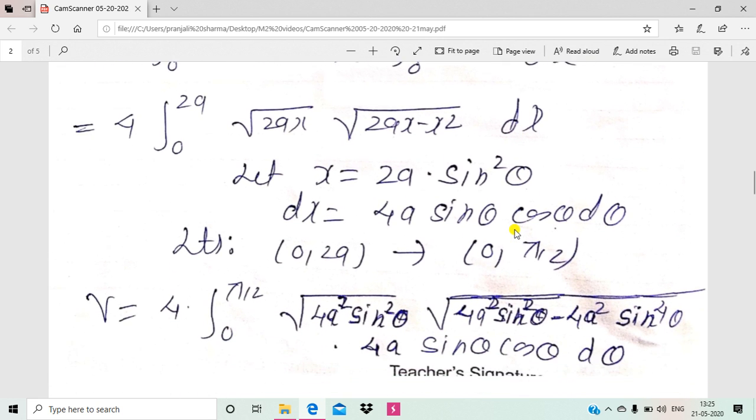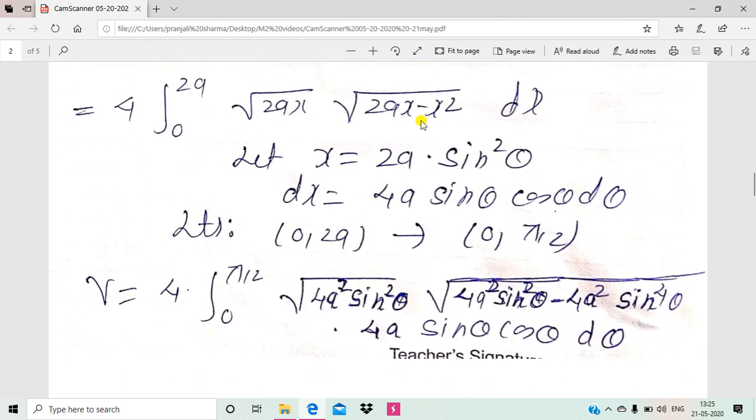Now we use x is equal to 2a sine square theta. We use the substitution method to integrate, so x will be 2a into sine square theta, then dx will be 4a sine theta cos theta d theta, and the limit 0 to 2a will be converted to 0 to pi by 2.